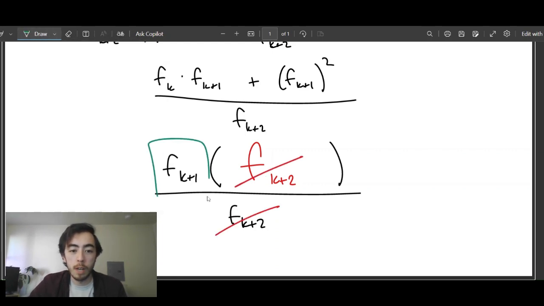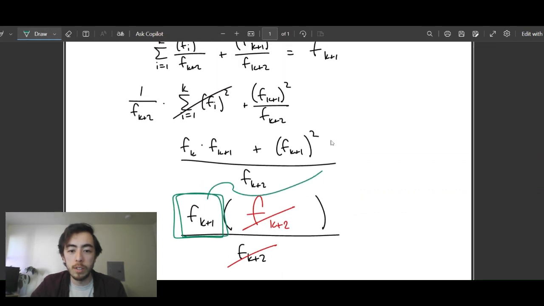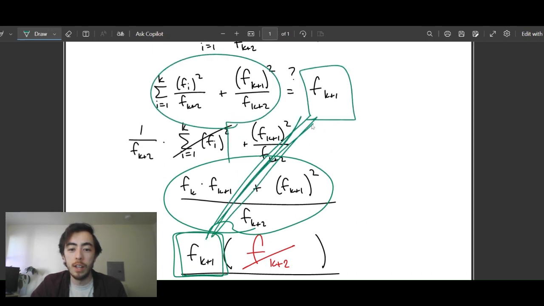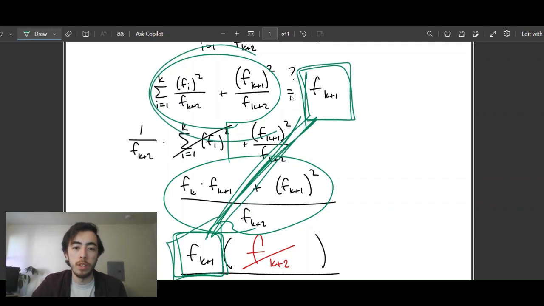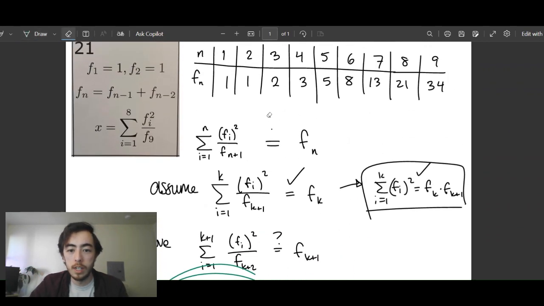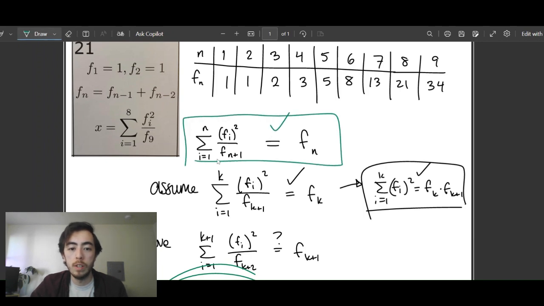And so ultimately, I'm just left with this number. And so this is equal to that, which is equal to this. And basically, I have shown that these two values, the one on the left side of the equation and the one on the right, indeed have just been the same number all along. So using induction, I am now very confident that this is an equality that always holds.